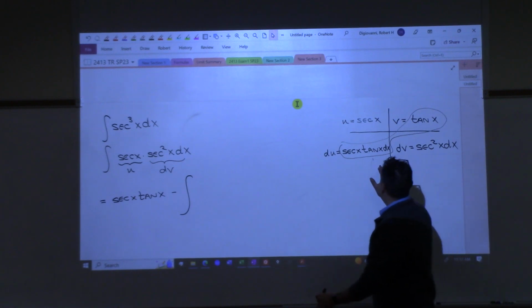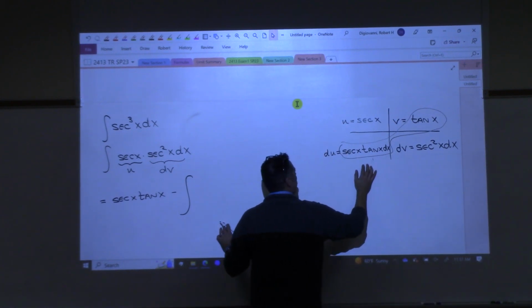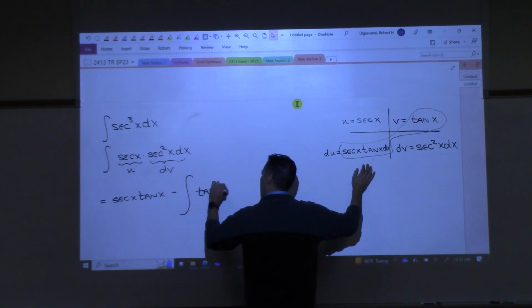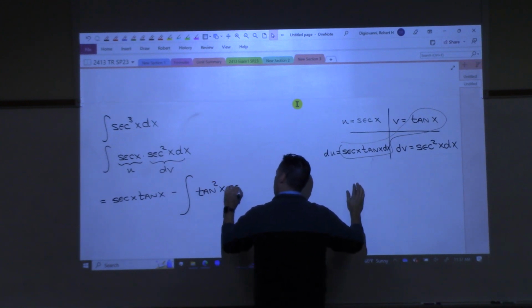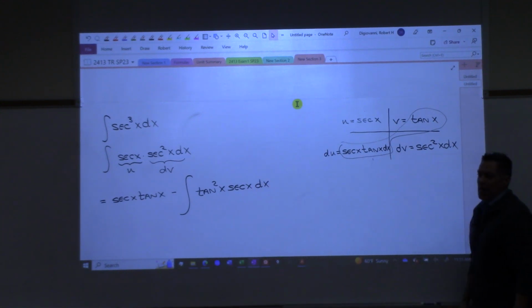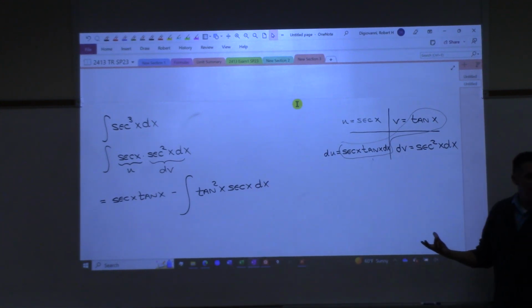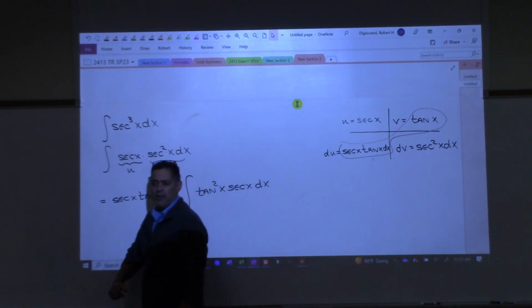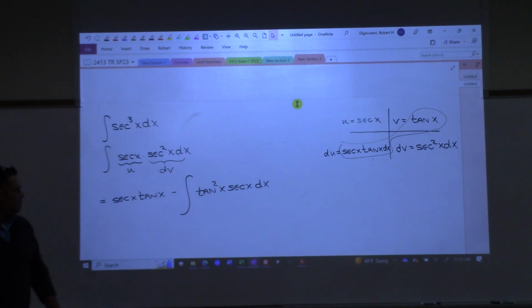So if I do that, how many tangents will I have? Two factors, so tangent squared. And I only have one factor of secant, and I'll have my dx. And that's my new integral, right? And I think you could argue that that integral is not much better than the original one, but maybe we can do something with this.